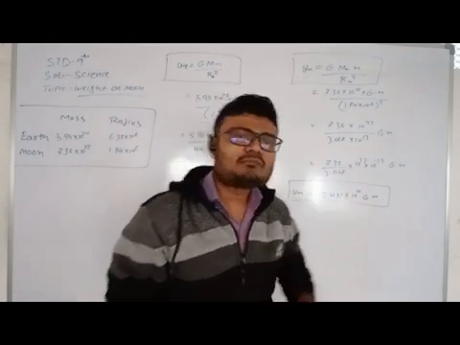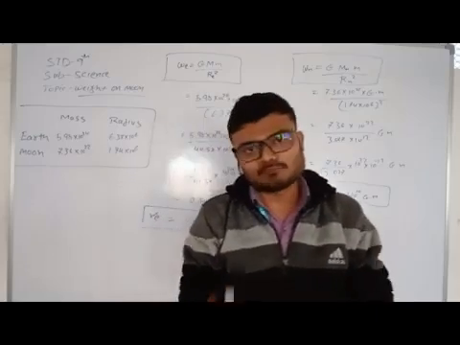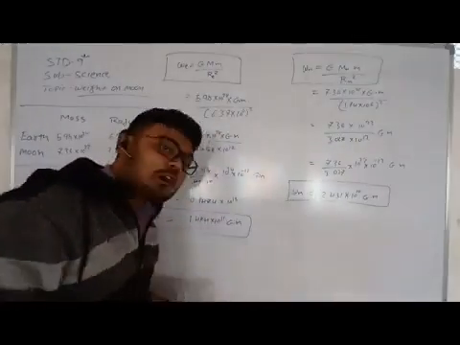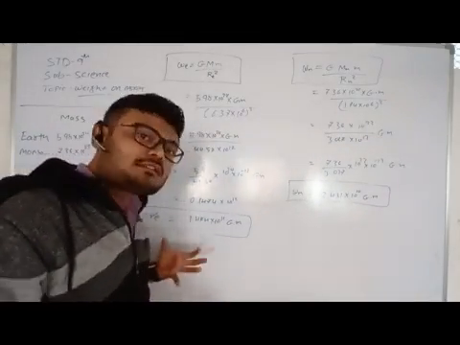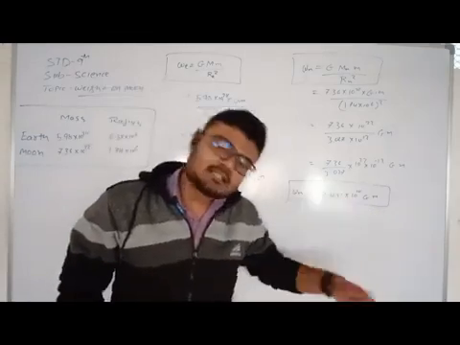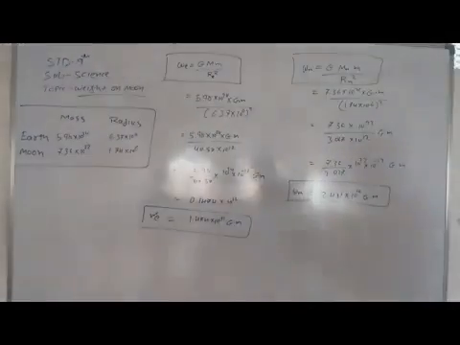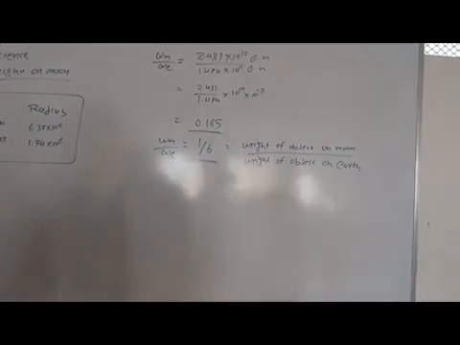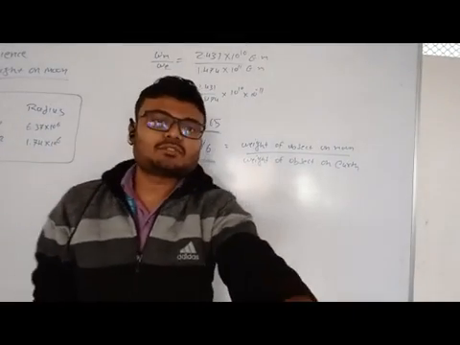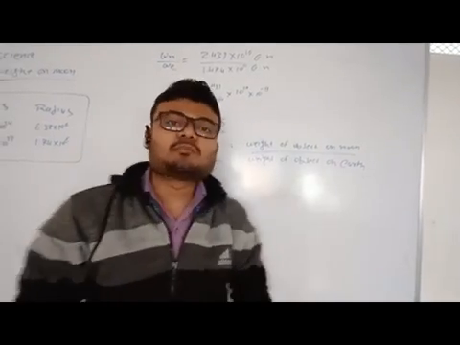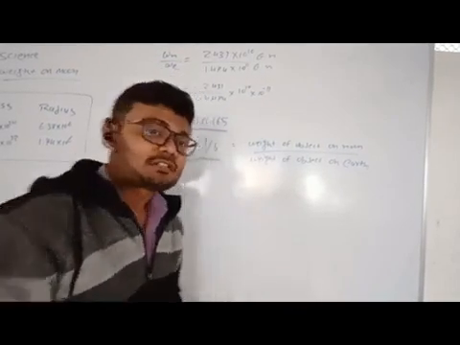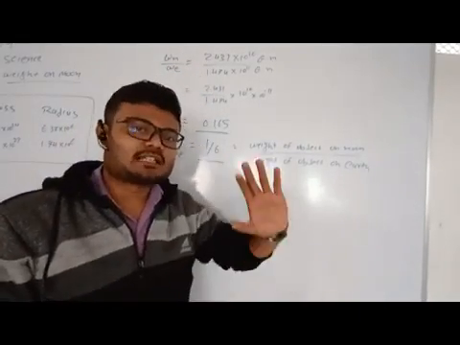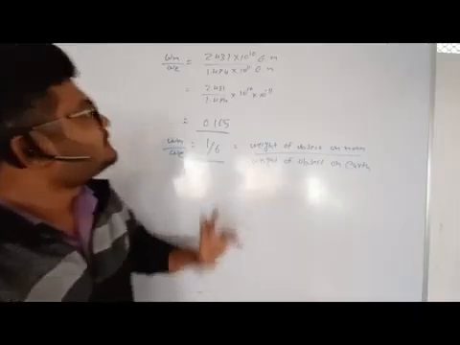Now, for the comparison of the weight of that particular object, we will divide the weight of that object on the moon by that on the earth, right? So let's do it. If we want to compare the weight of an object on the moon and the earth, we have to put the values that we get of the object weighing on the moon and on the earth like this.